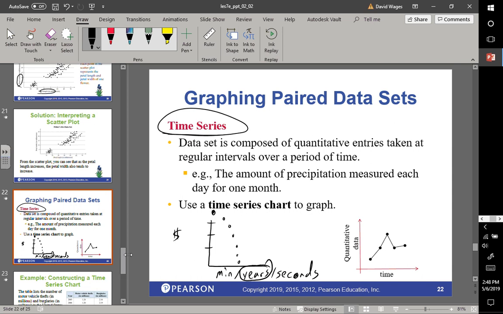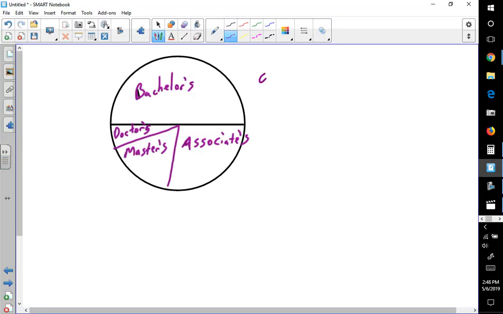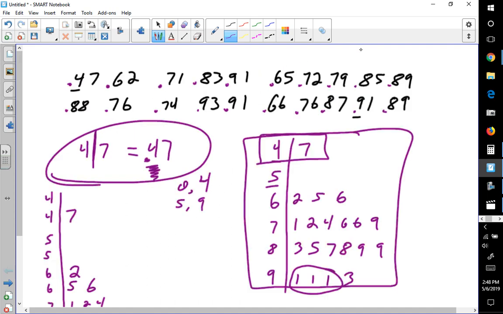So these are just different types of graphs that we can use, and depending on whether we have qualities or whether we have quantities, whether we have a single variable we're measuring here.